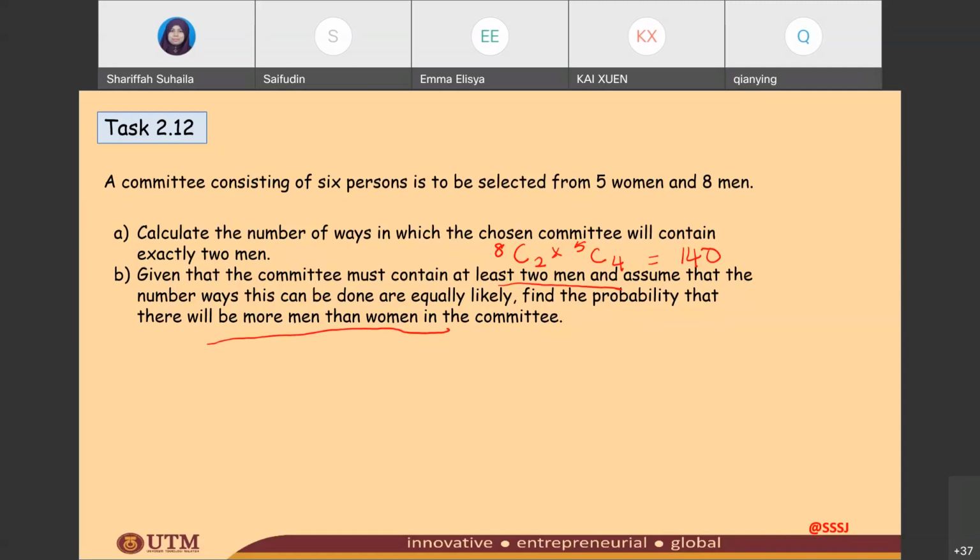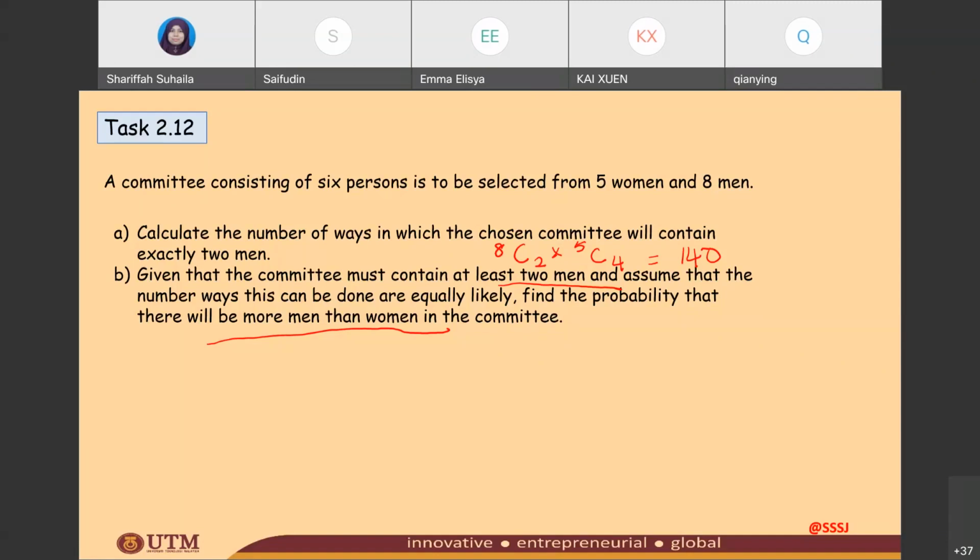So here, what was your answer earlier? So for this one, okay, 0.5907. Are the answers different? Wait a moment. Okay, so again here, we first get the number of ways. We want more men than women and at least 2 men.